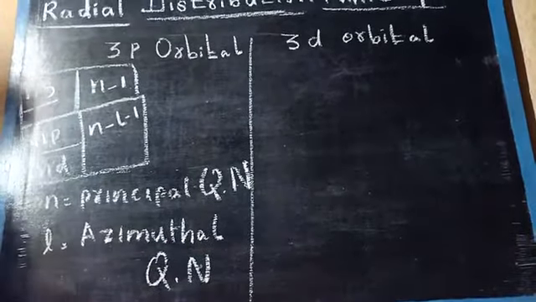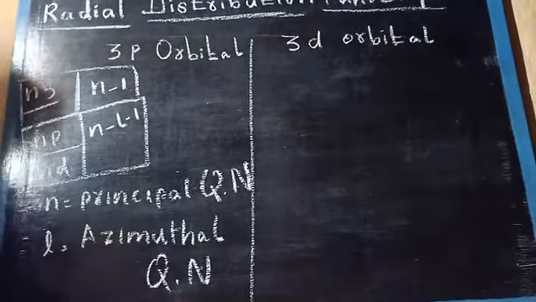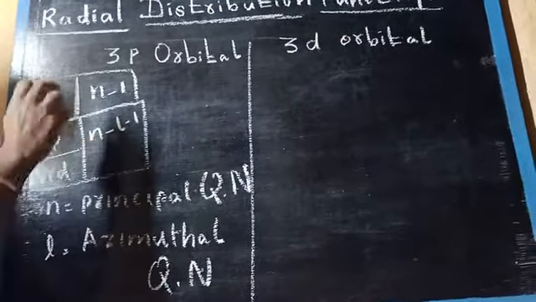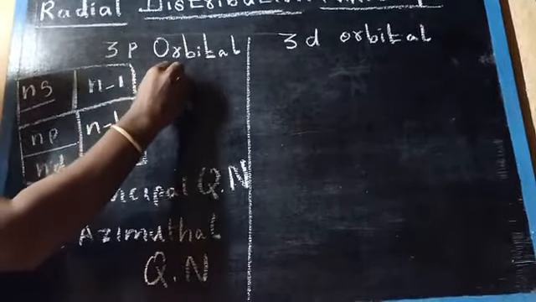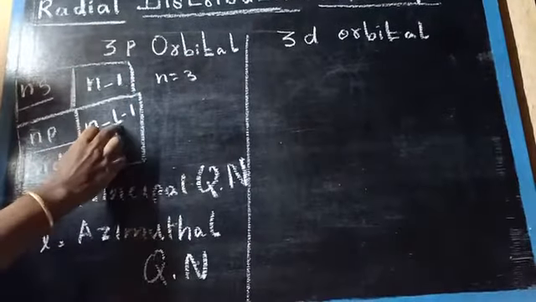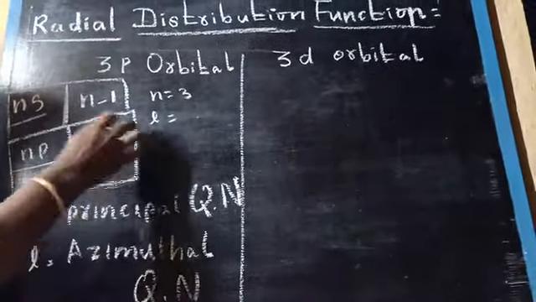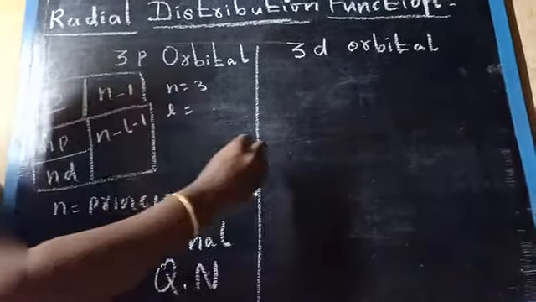Okay children, now in the 3p orbital, what about the n value? The n value is equal to 3. And next the l value, repeatedly I use this word, you must keep this l value in your mind.